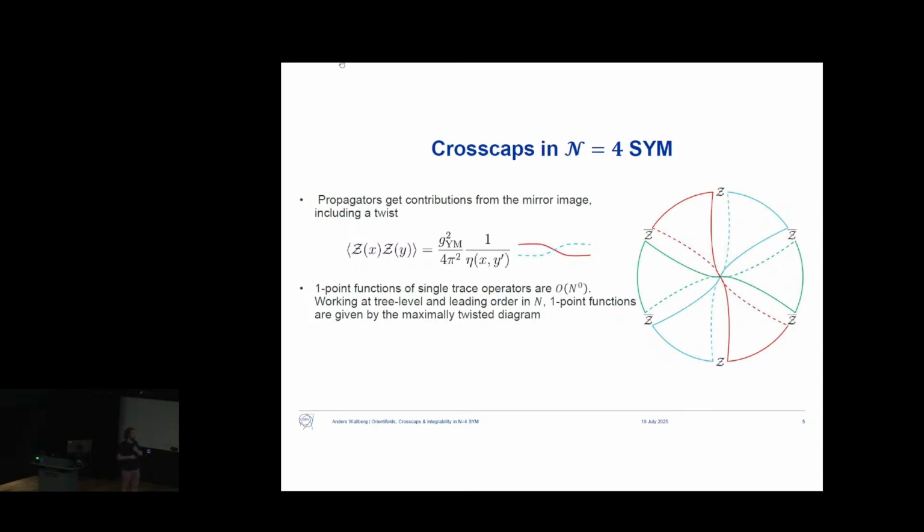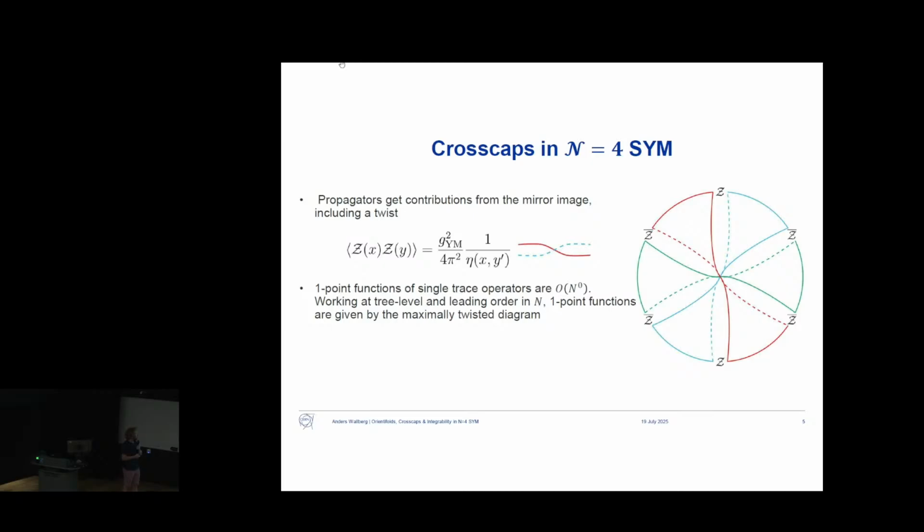And because the mirror image has this transposition, you get these sort of twisted propagators that twist as they go along. Okay? Now, if you then try to compute one-point functions in the theory at tree level, they just come from Wick contraction. And you find that they are actually order 1 in n. They don't scale with n.